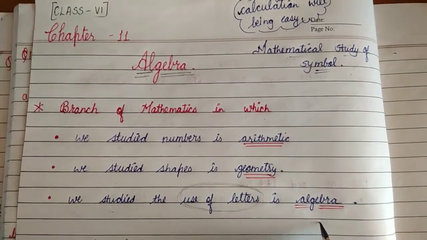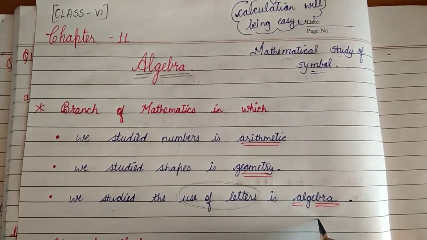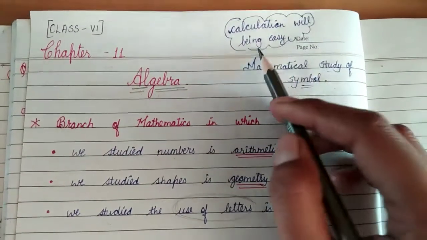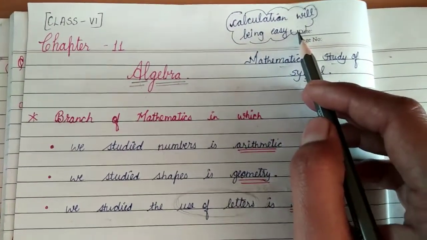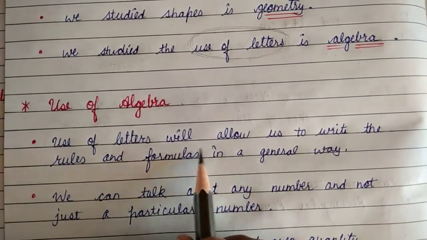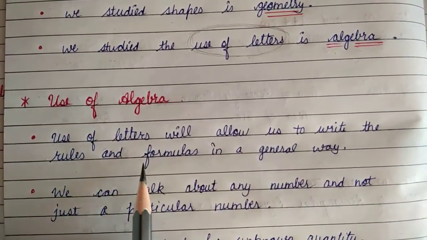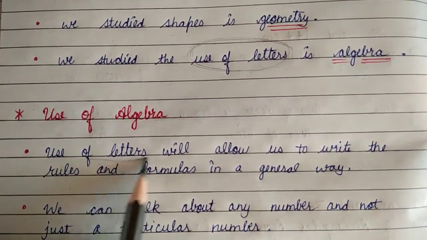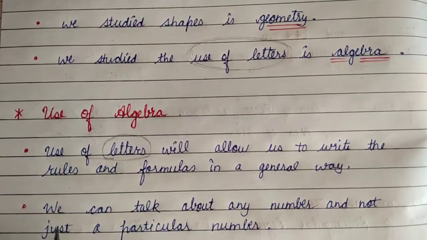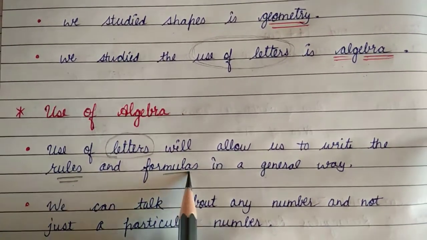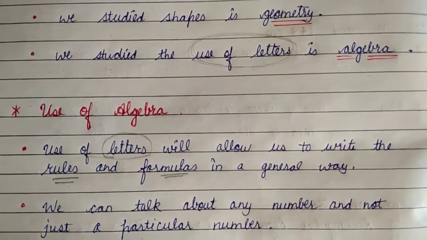Now what is the need and what are the uses of algebra? Firstly, calculation will be easy. So how will it be easy? The use of letters will allow us to write rules and formulas in a general way.